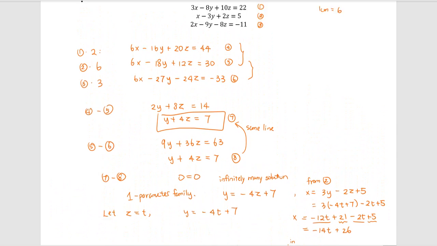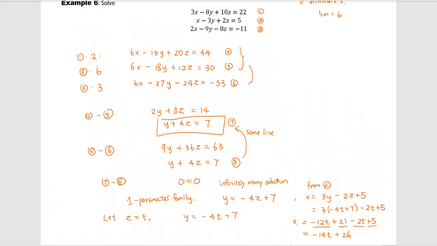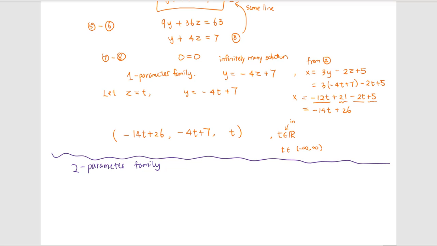So you might get, for example, x minus 3y plus 2z equals 5. I can multiply by 2, so 2x minus 6y plus 4z equals 10. I can multiply by 3, 3x minus 9y plus 6z equals 15.